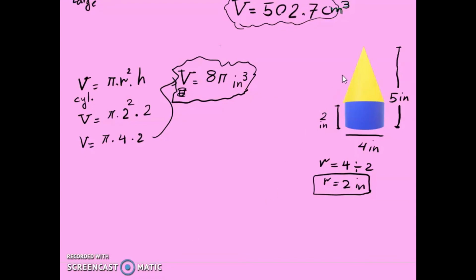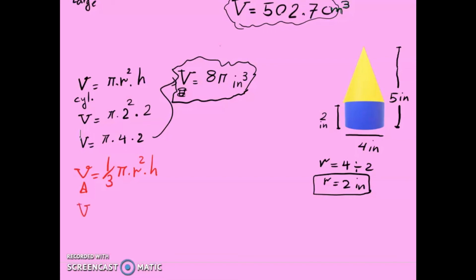Now let's calculate the volume of the cone that we have here. You know the formula is again pi times r squared times height, but we just need 1/3 of it.